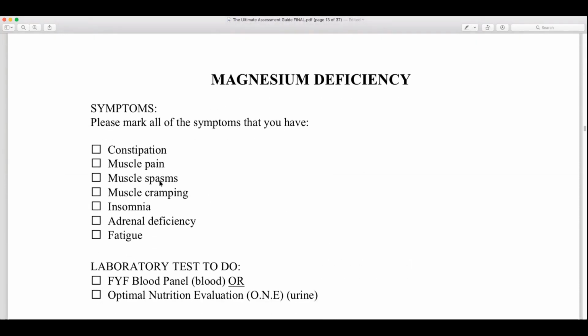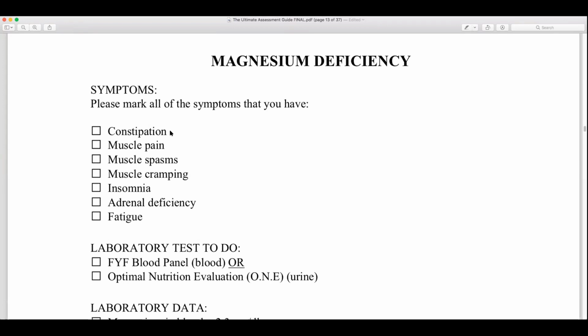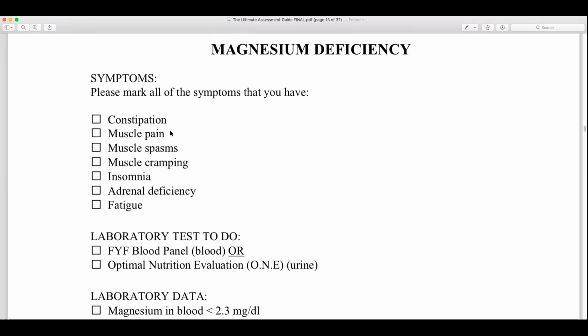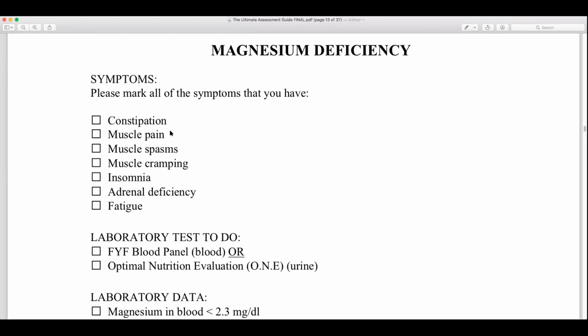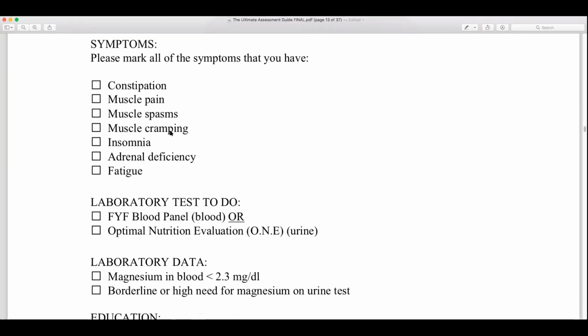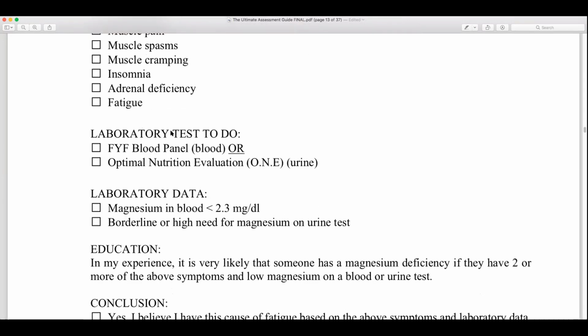Magnesium deficiency. So symptoms: constipation, muscle pain, muscle spasms, muscle cramping, insomnia, adrenal deficiency, and fatigue. So magnesium plays a role in about 550 different enzymatic reactions in the body. So incredibly important and incredibly supportive and very important part of addressing fatigue.